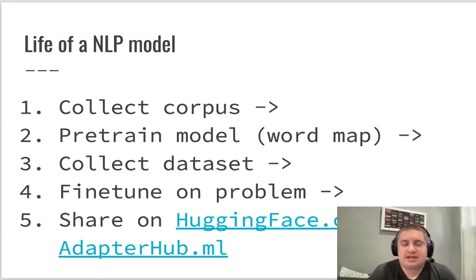So if you're doing a brand new NLP model, you would collect a huge data set of language. You would pre-train those word embeddings from the very large corpus of text. And luckily, there are many of these pre-trained models out on the web, on websites such as huggingface.co, adapterhub.ml, and TF Hub, TensorFlow Hub.